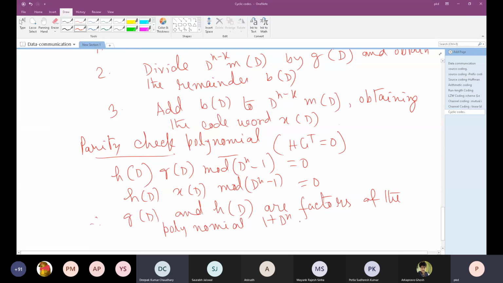That is H(D) G(D) equal to 1 plus D to the power n.